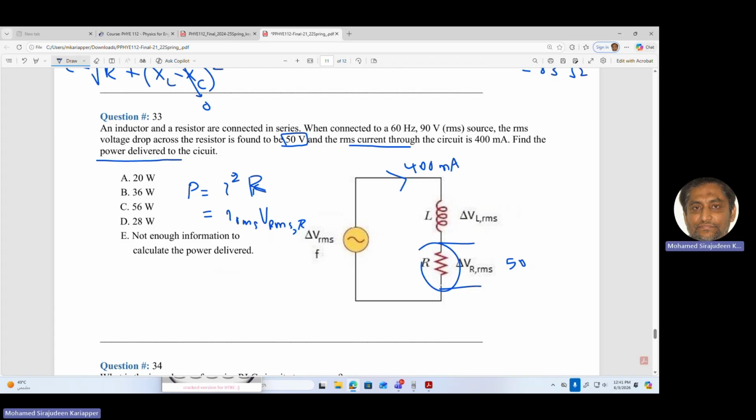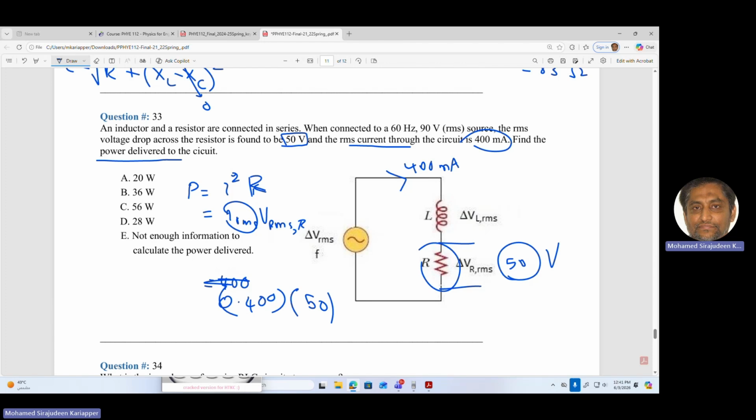Yeah, 50. IRMS 400, so it will be 400 milliampere. So it will become 0.4 multiplied by 50.